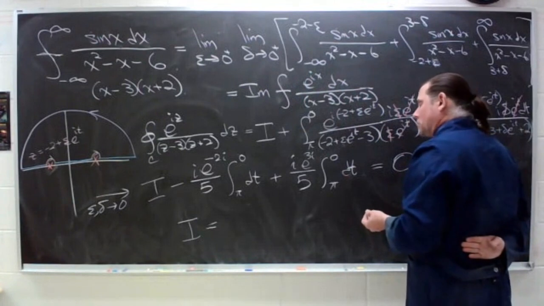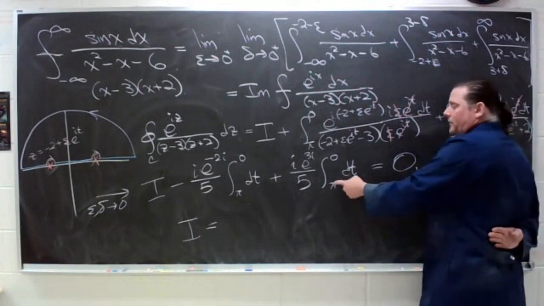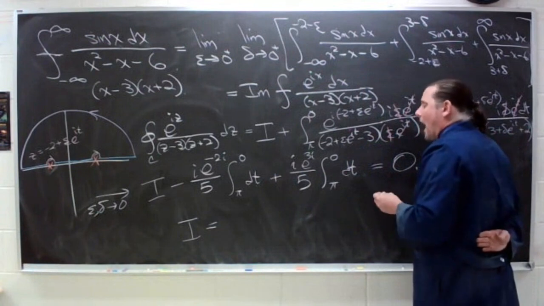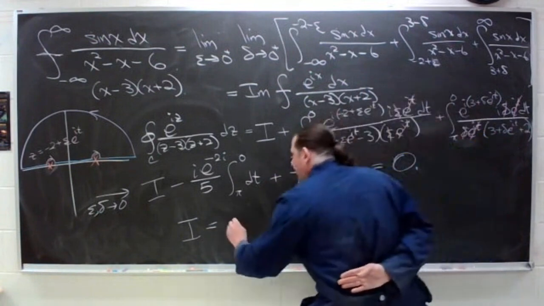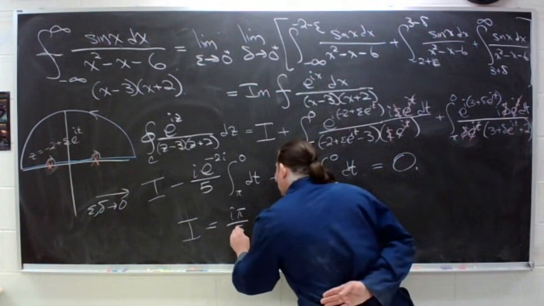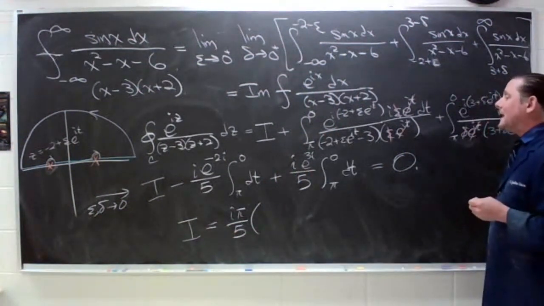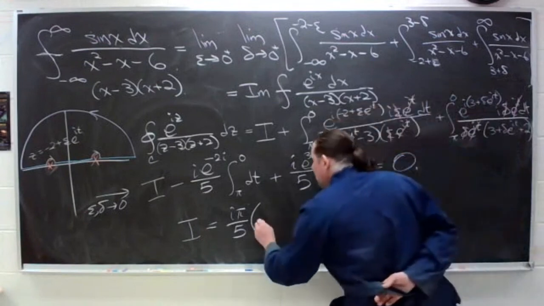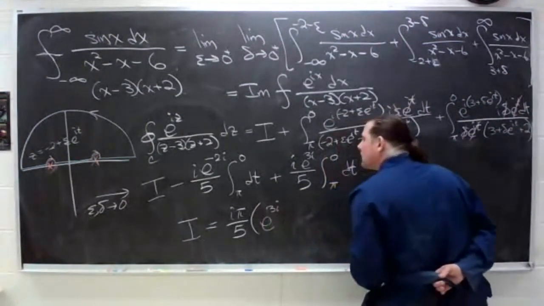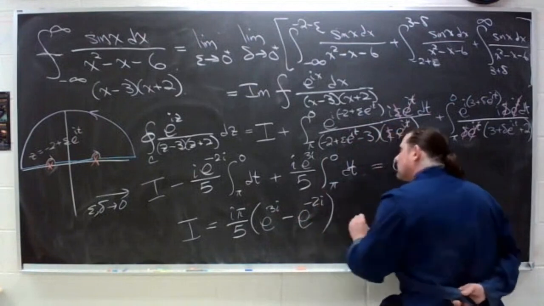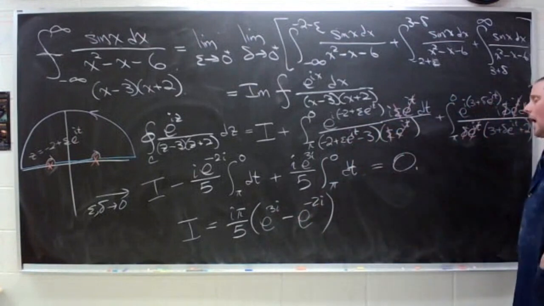I is equal to, both of these integrals give negative pi. So it's going to be i pi over 5 times (e to the 3i minus e to the negative 2i).